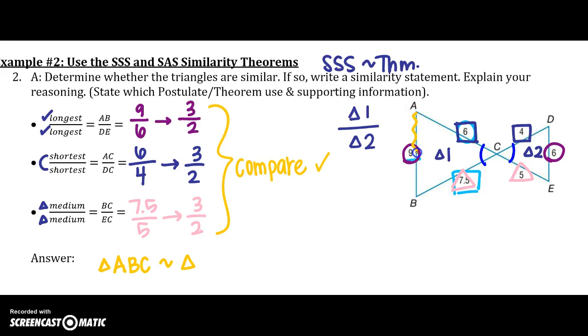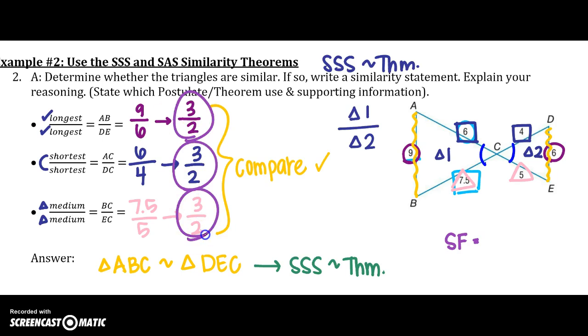And notice I go A, B, which is my longest side, so I need to pick D, E, and then F for my other one. And I used the SSS Similarity Theorem to solve. Right, not too bad. They might ask me, what's my scale factor here? Well, because they're all three the same number, my scale factor is going to be 3 to 2.